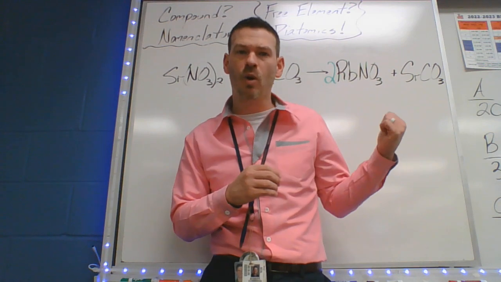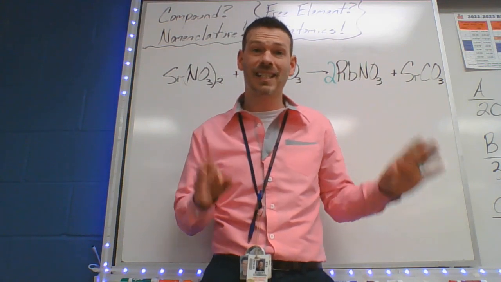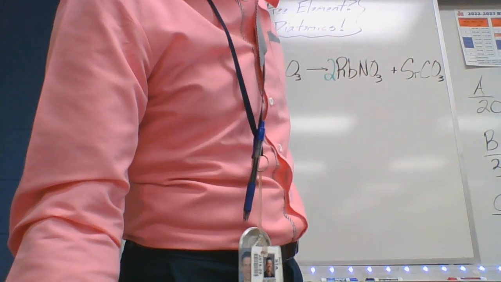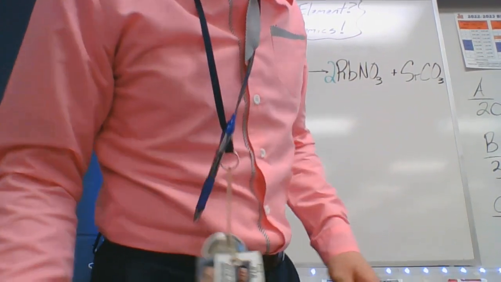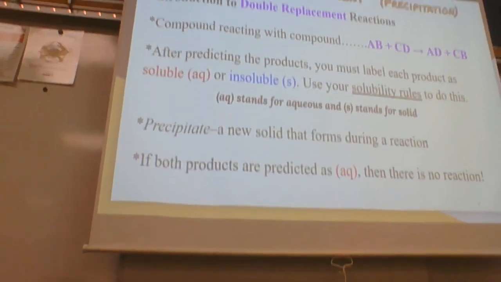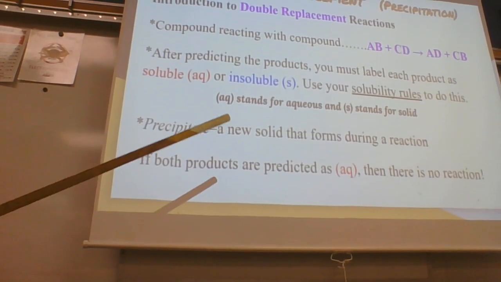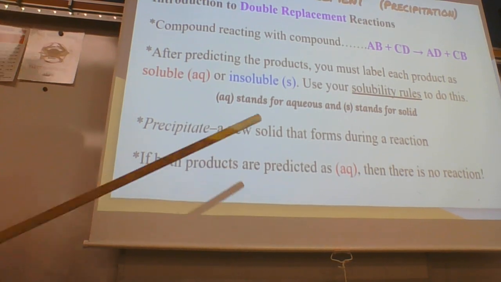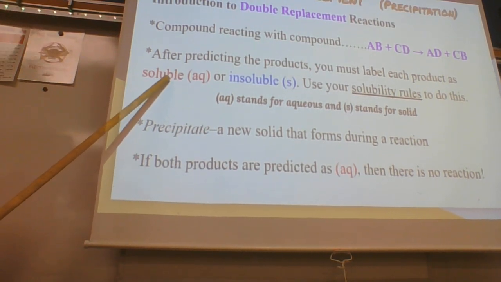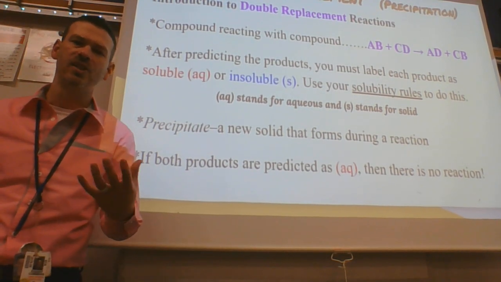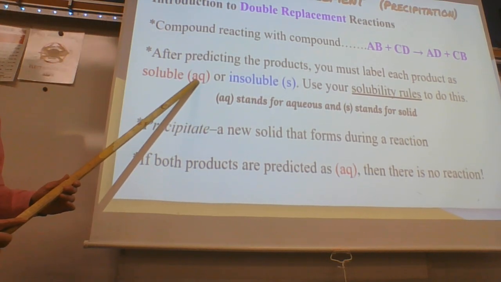Remember, I want to know which one of those 2 products is solid. Now, before we do that, though, you wrote down a couple things. The way we're going to label them, once we figure out how to read this, is that whichever item is soluble, meaning it will stay dissolved, we're going to label with an AQ.